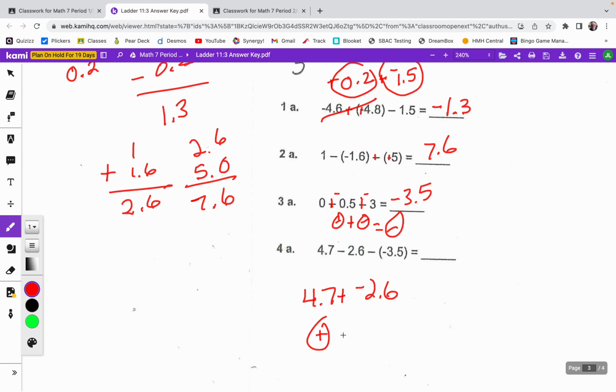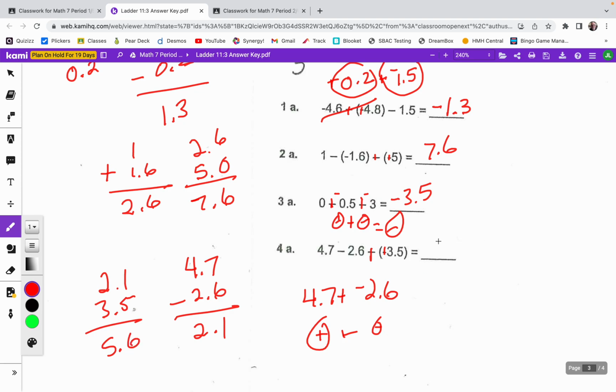This one's positive, this one is negative, this one's bigger, so the answer is going to be positive. 4.7 minus 2.6 is 2.1 in the positive, and then we're going to subtract a negative 3.5. That's the same as adding 3.5, so 2.1 plus 3.5, 5.6. So this answer is positive 5.6.